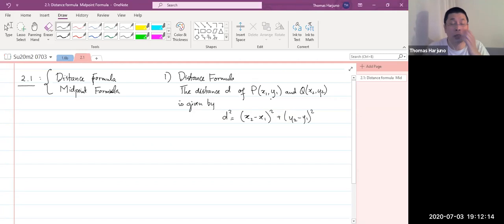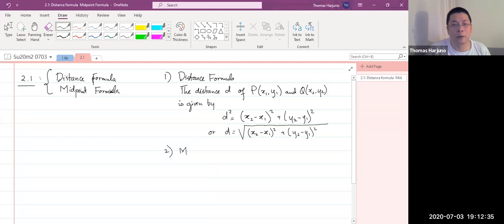The one in our textbook takes the square root of that. Because it is distance, it cannot be negative. That's why we only take the positive branch.